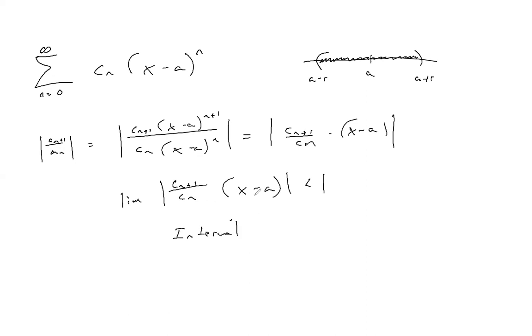Okay. Now, when is this limit less than 1? That depends on the x, right? This is a constant and these are changing. So this Cn plus 1 over Cn has a limit. And then if that limit's less than 1, that really depends on what x is, right?